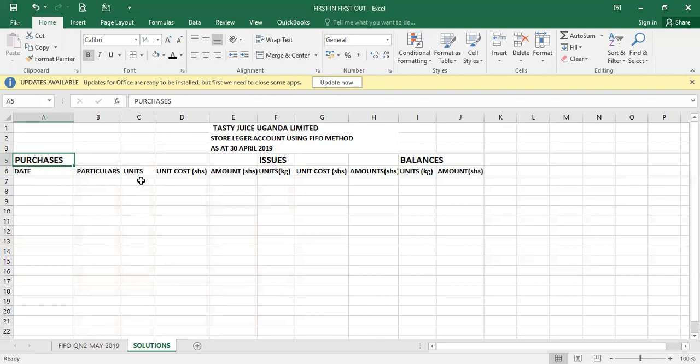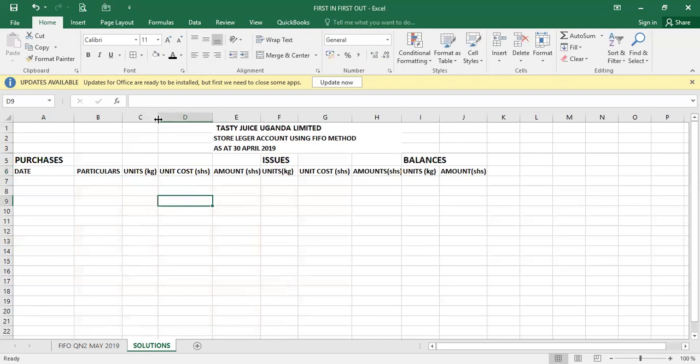Then the units, of course, those are the units. They are in kgs. They told us they are in kgs, so I can adjust this one a bit so that it fits. Yeah, we can even adjust this one a bit.